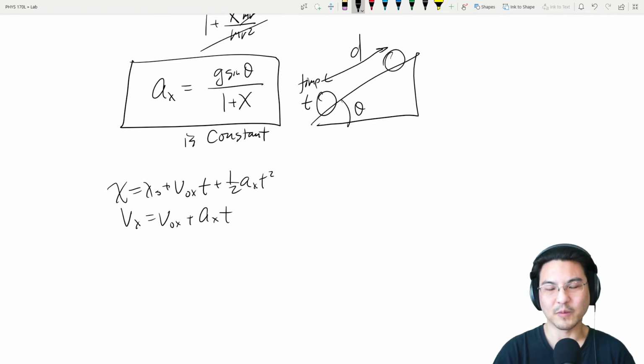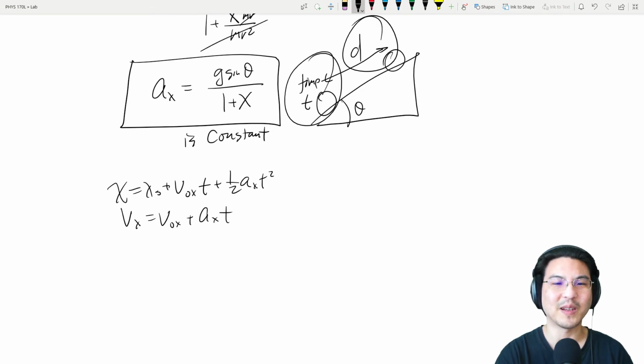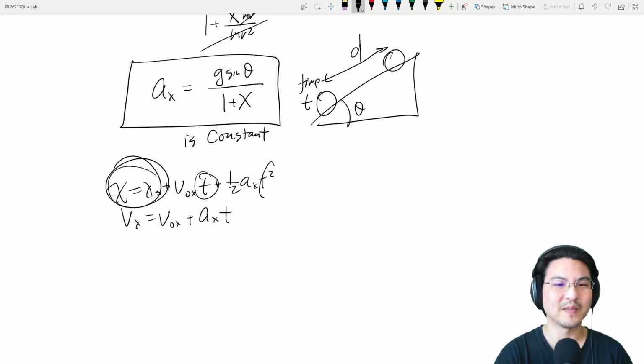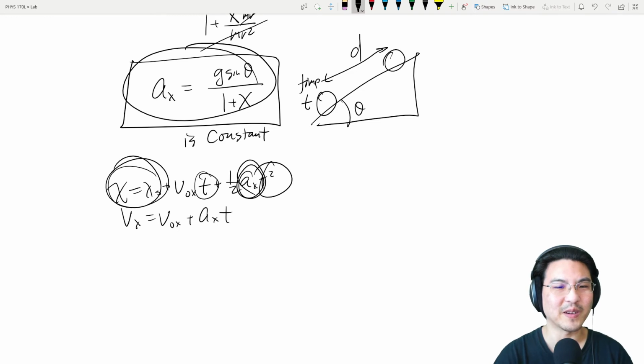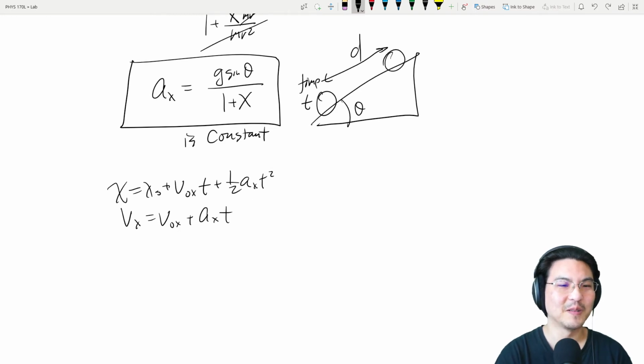Okay, and then we just look at it like, which would be useful to us? We measure the distance, we measure the time, which means we would know this and time, and then we got the expression for acceleration right here. So I think we should use this. Okay, so let's use this. Never mind, I'm just going to erase this.